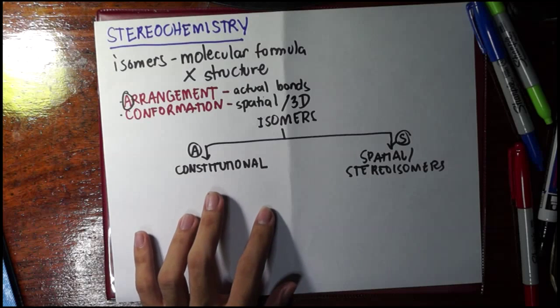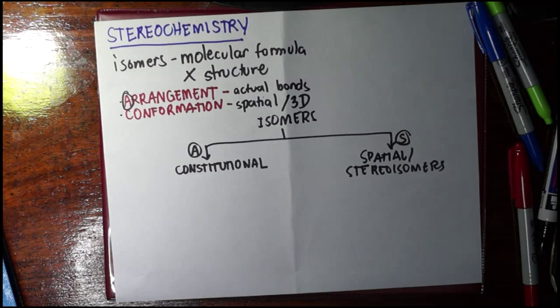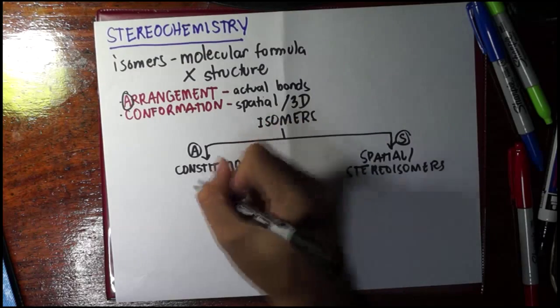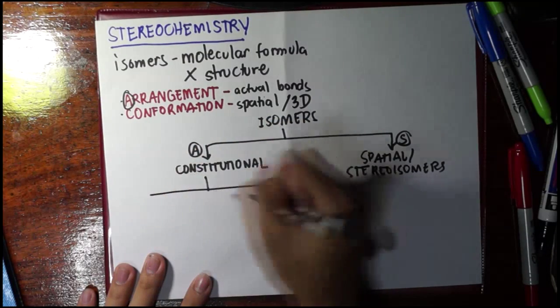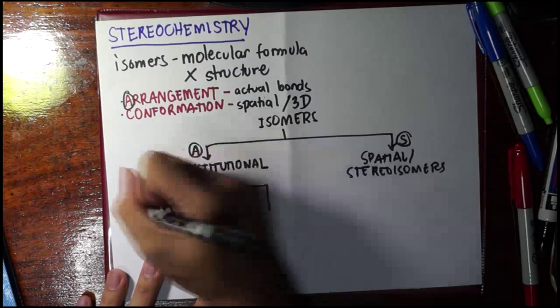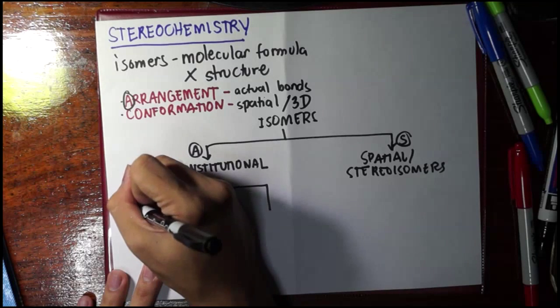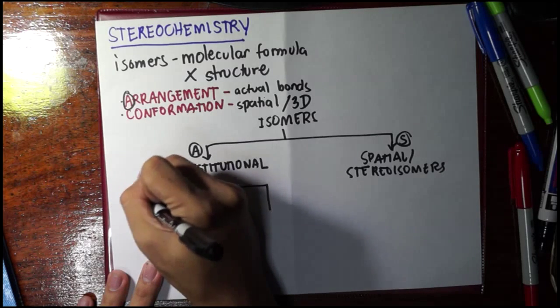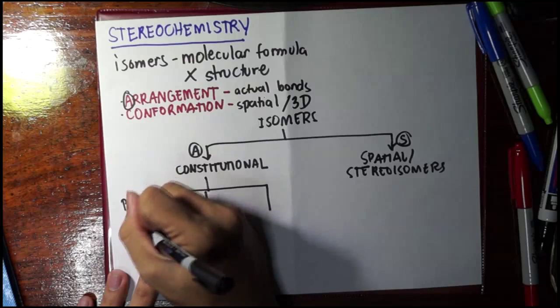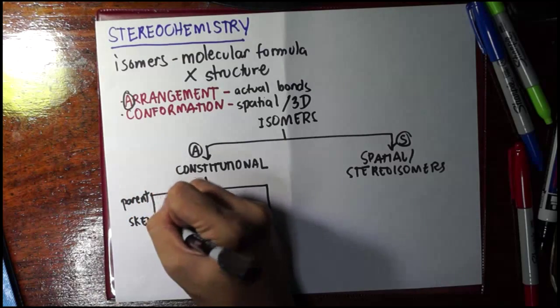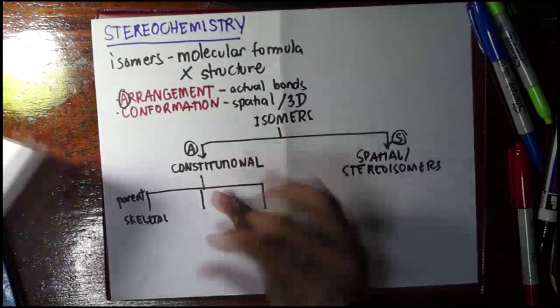Now we could further subdivide constitutional and spatial isomers into more specific types. We have three for constitutional. If the difference is in the parent chain length, that is skeletal. Let's have an example of skeletal isomers.